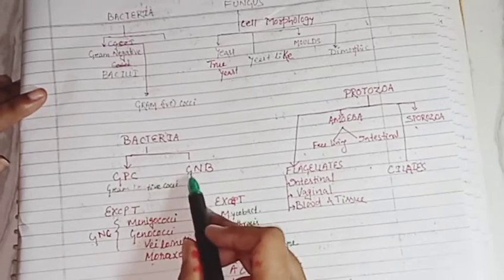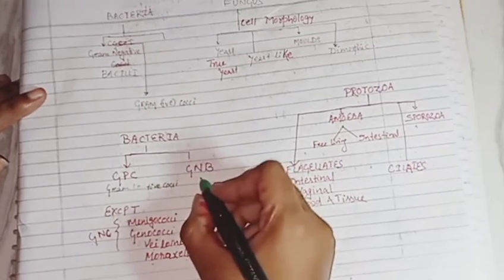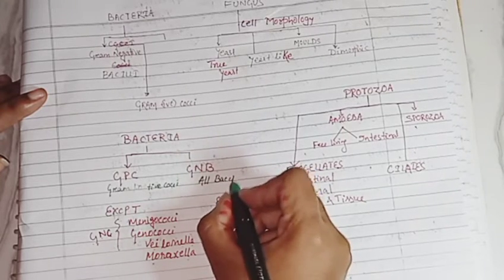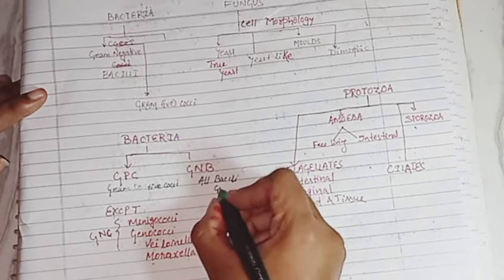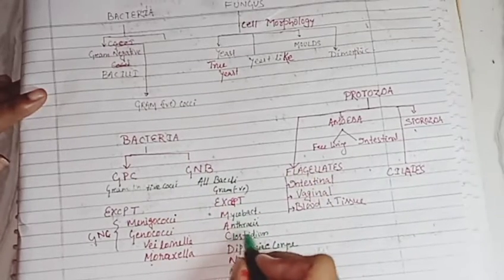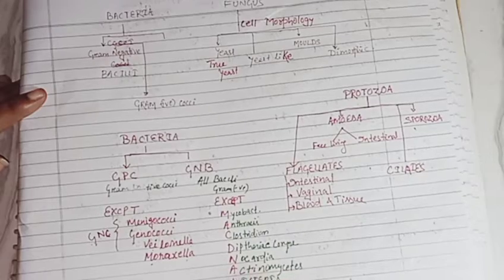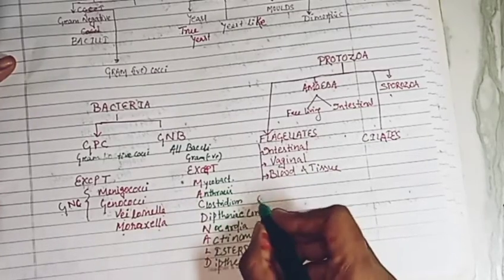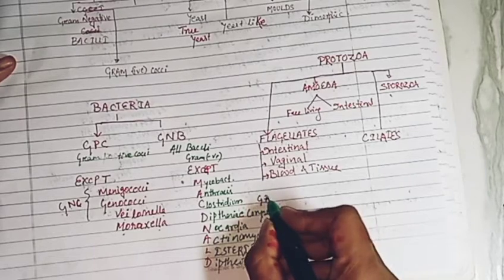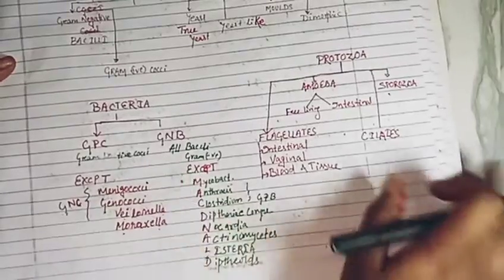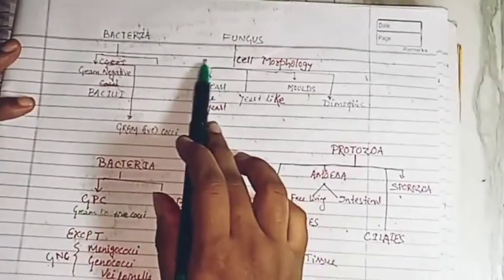Then gram negative bacilli, meaning all bacilli are gram negative except Mycobacterium, Anthracis, and so on. NACD is the mnemonic of gram positive bacilli. These are the exceptions.